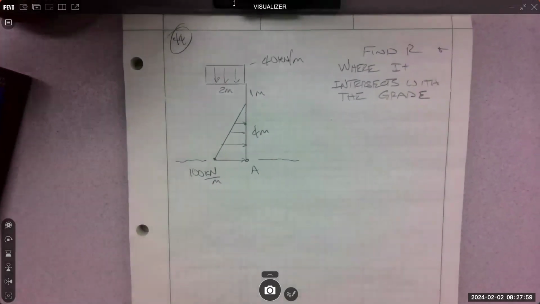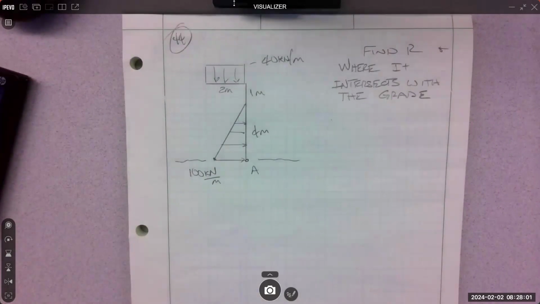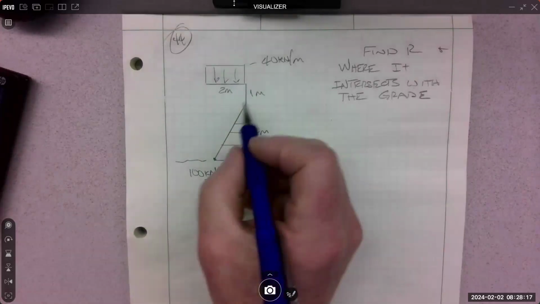44. I hope it looks like that. Oh, good, I didn't want to do the wrong problem. I have a 40 kilonewton per meter distribution on top, and a 100 kilonewton per meter distribution down below, going to 0 right here.